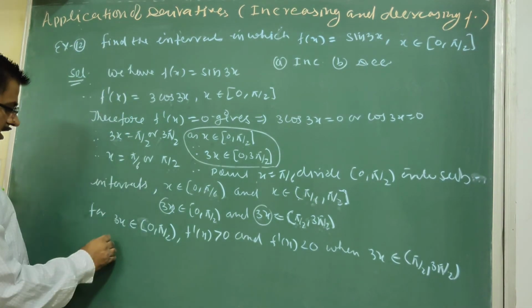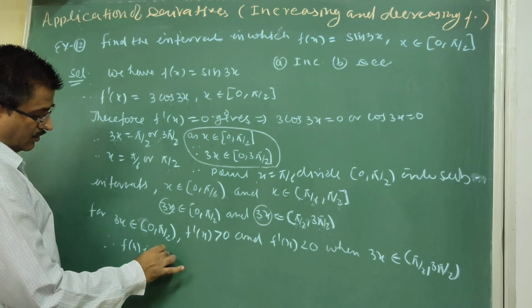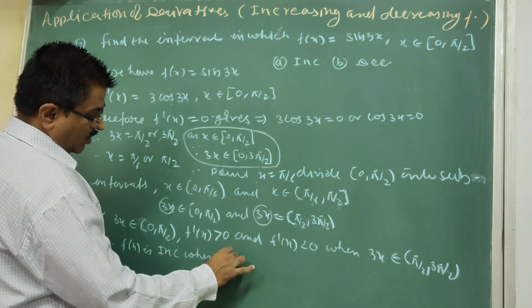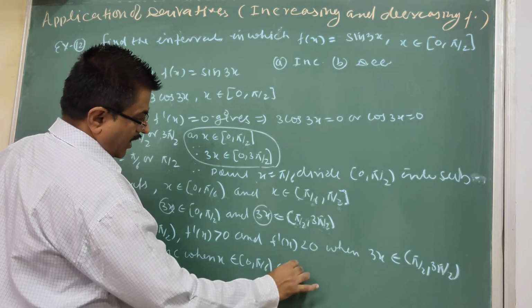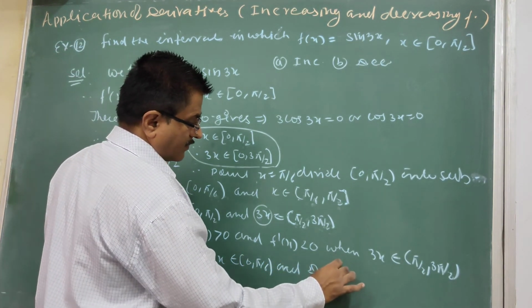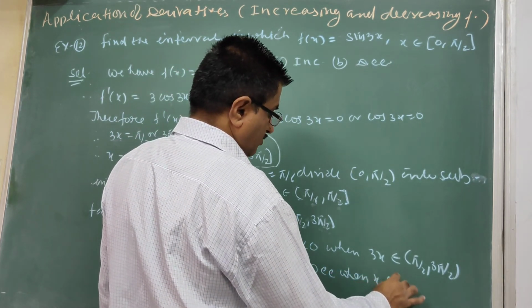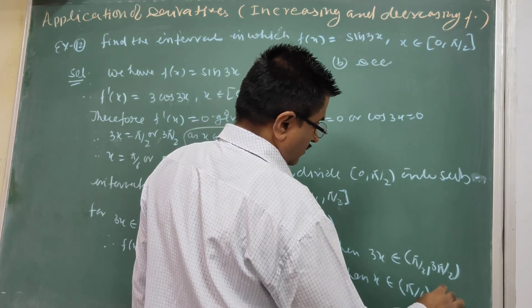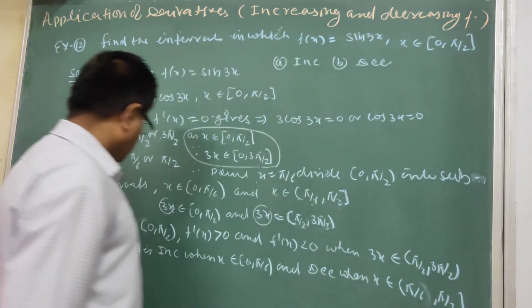So you can say therefore f(x) is increasing when x belongs to 0 to pi by 6 and decreasing when x belongs to pi by 6 to pi by 2. Is it clear?